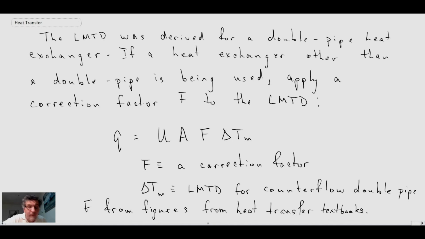You'd also have them for shell and tube heat exchangers. You could find the value of F, and those would be tabulated in these figures, and you would look up the value from that. So what we're going to do in the next segment is solve some problems using the LMTD, and we'll see how it works. So that's where we're going.